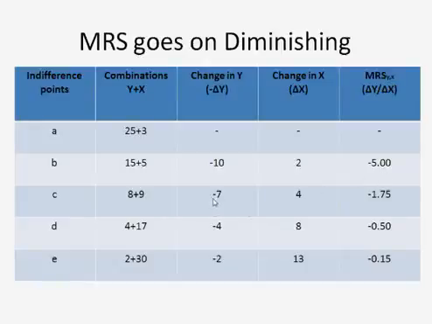Then minus 7 divided by 4, we get minus 1.75. So we see that as we substitute X for Y, the marginal rate of substitution of Y, X is decreasing.